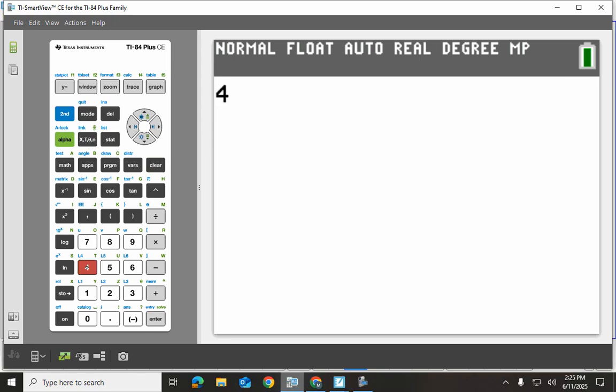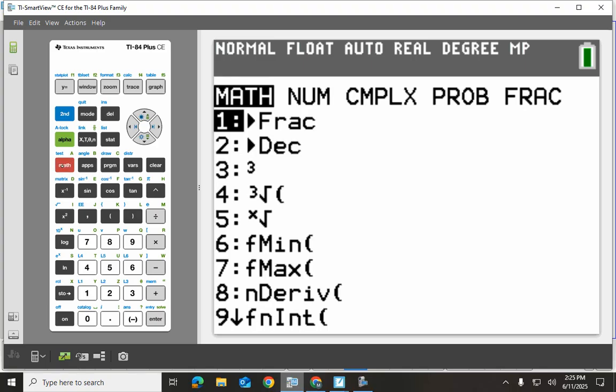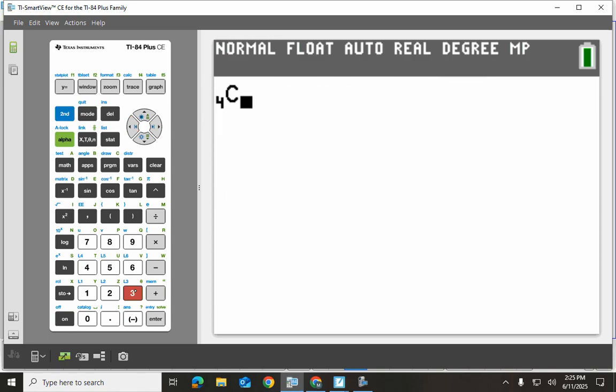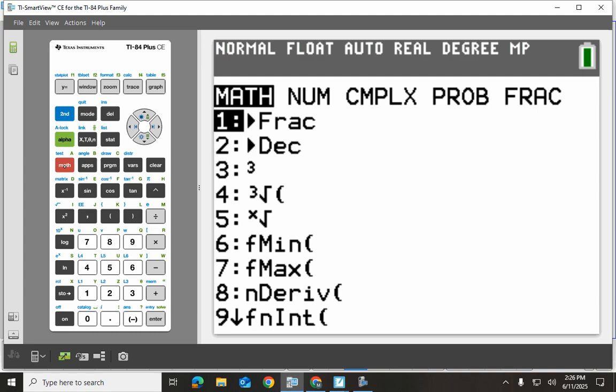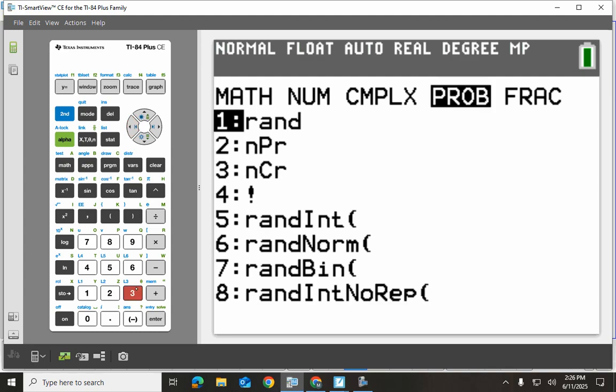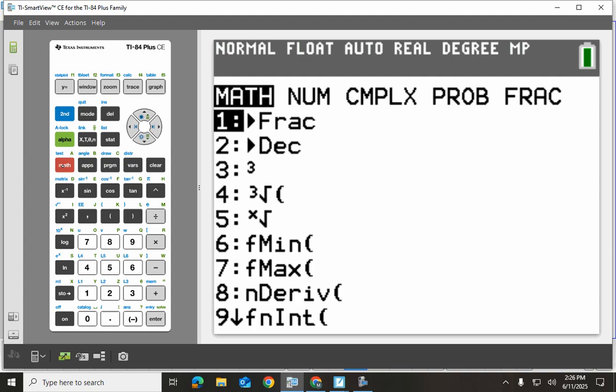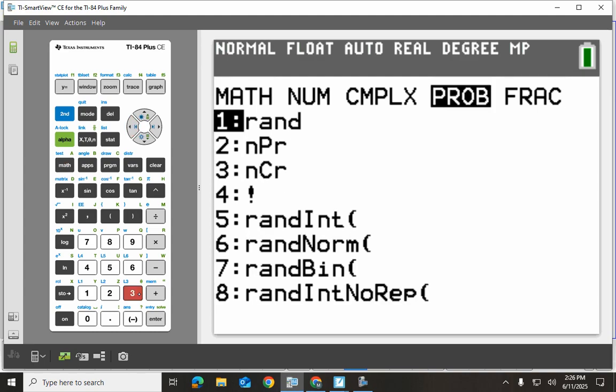So hit 4, hit math, go to probability, pick number 3 for nCr. So 4 choose 2, hit the over arrow, times 8 choose 4. 8, math, probability, number 3, hit the over arrow, and 5, math, choose 1.